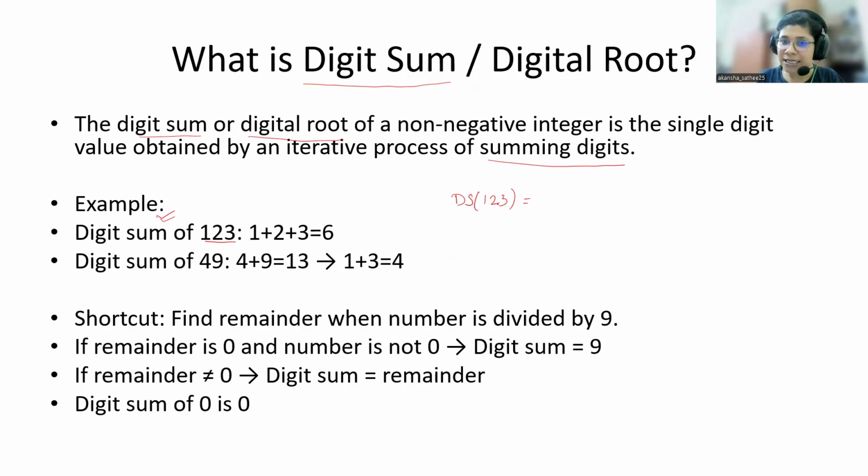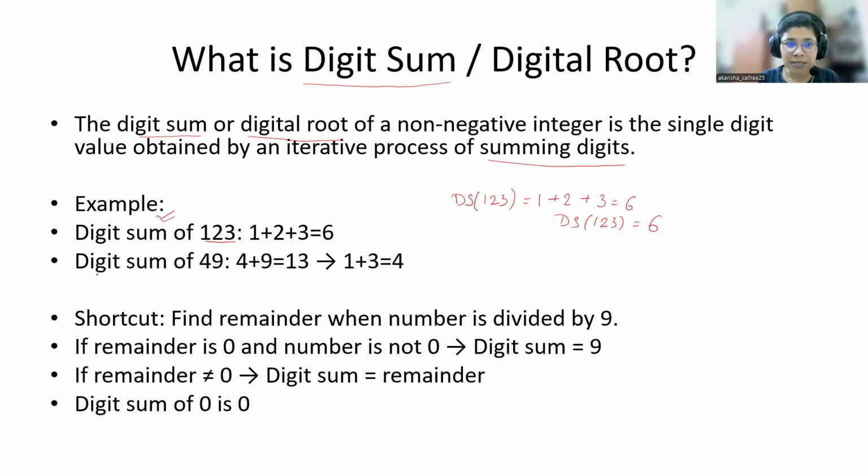What are the digits in this number? 1 plus 2 plus 3. 1 plus 2 is 3, 3 plus 3 is 6. So, digit sum of 123 is equal to 6. Is that clear? Let's consider one more example.